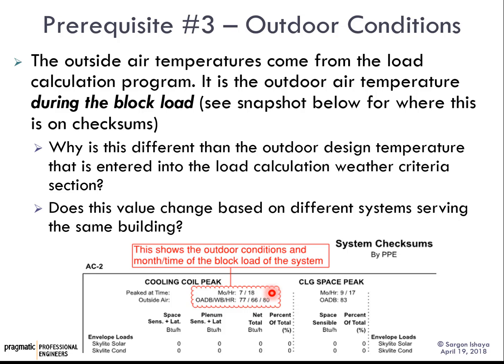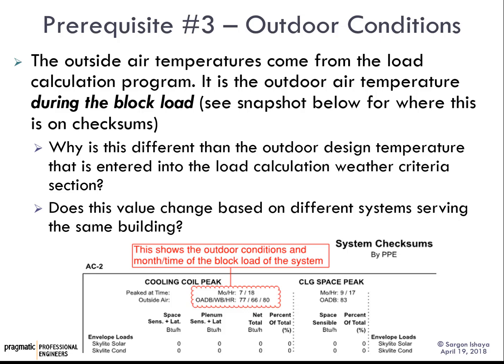There was a capacitance effect due to the mass of the walls and the roof and so on, and so that's why it takes a while for that heat to get through. And that's also why typically your outdoor air dry bulb and wet bulb temperature will be lower than the weather criteria that you entered in the load calculation program weather pages. Now, it could be higher. I'm not saying that it's always lower, but typically it's lower.